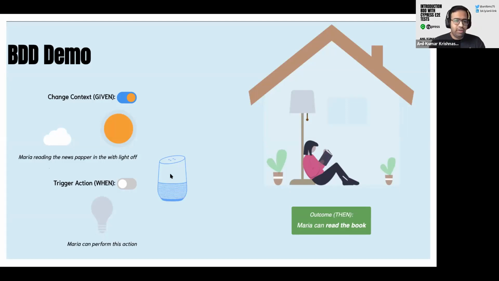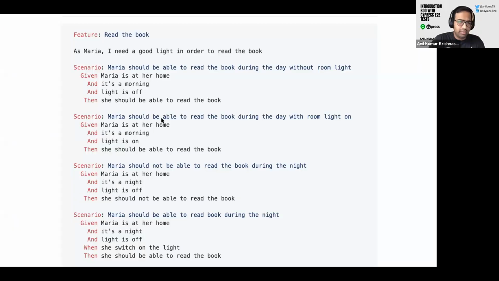Even if she replaces her physical switch with this Google Home, our scenarios are still valid. So that's another big advantage of using BDD and writing from a user perspective, telling our story about your product from the user perspective.